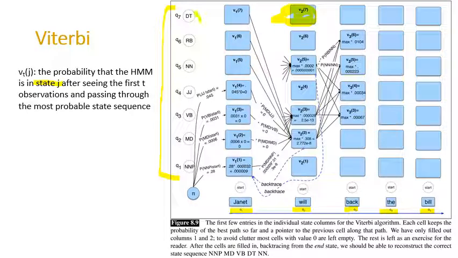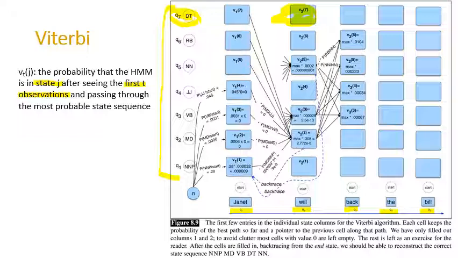State 7 is the tag determiner. After seeing the first T observations, where T is 2, and passing through the most probable state sequence.